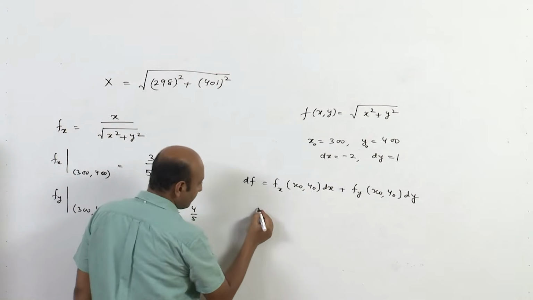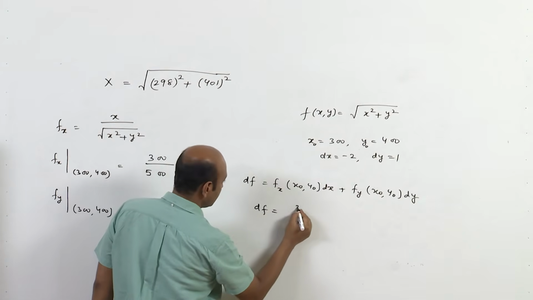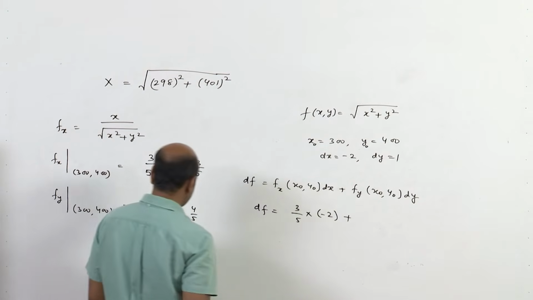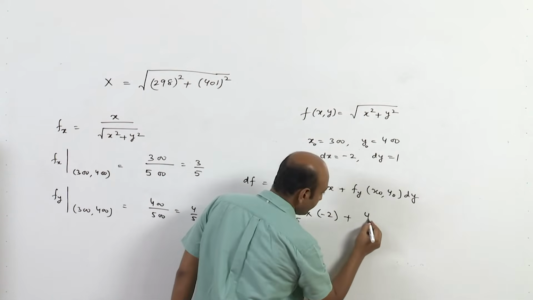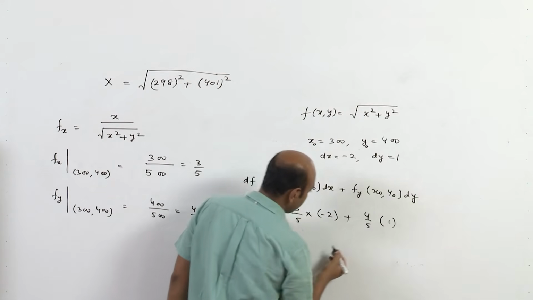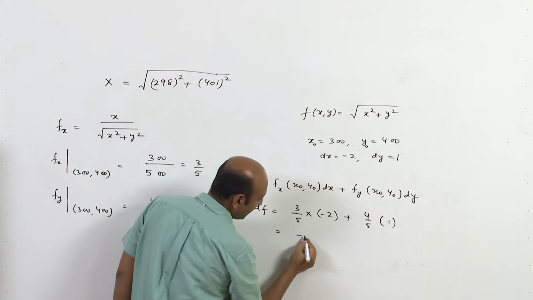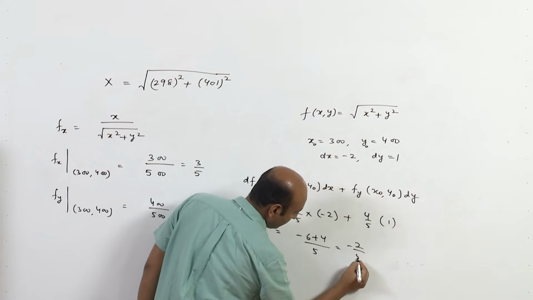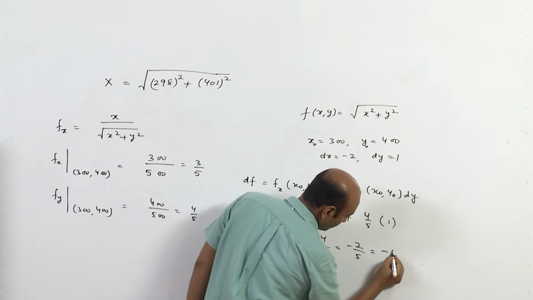So, what will be df? df will be 3 upon 5 into dx, which is minus 2, plus fy, which is 4 upon 5, into dy, which is 1. So, that will be minus 6 plus 4 upon 5, that is minus 2 by 5, that will be minus 0.4.